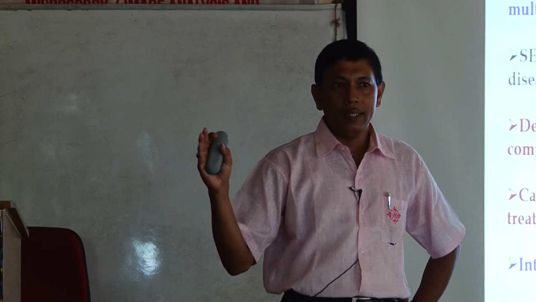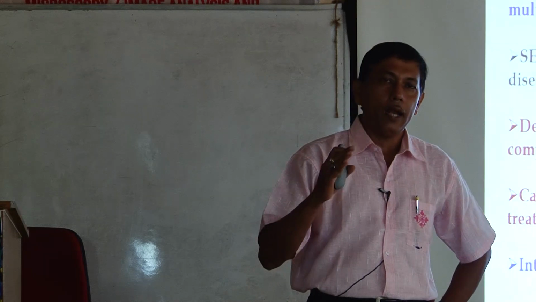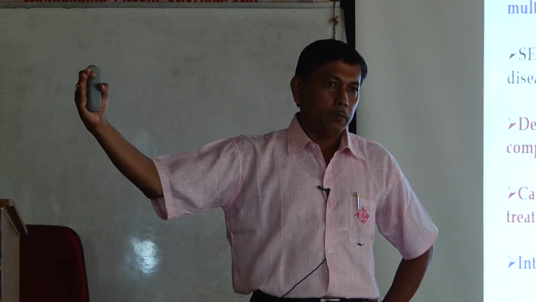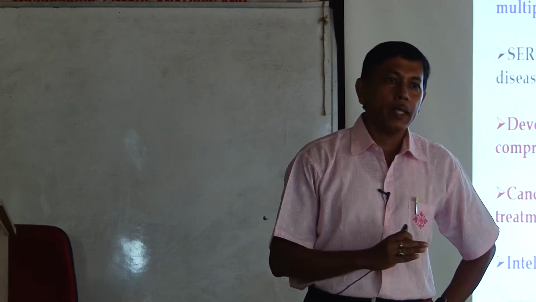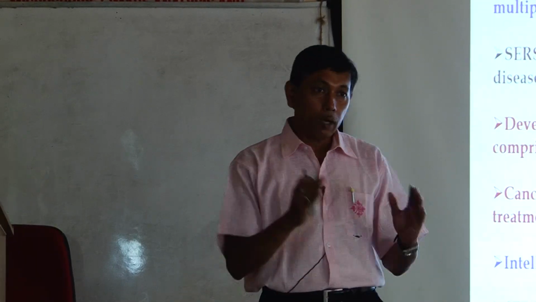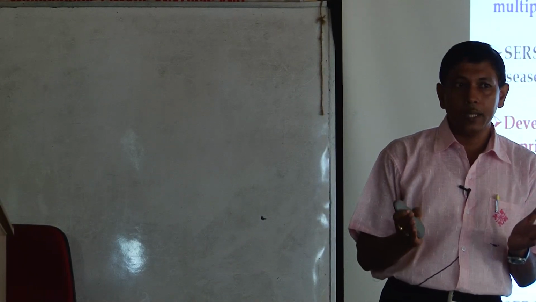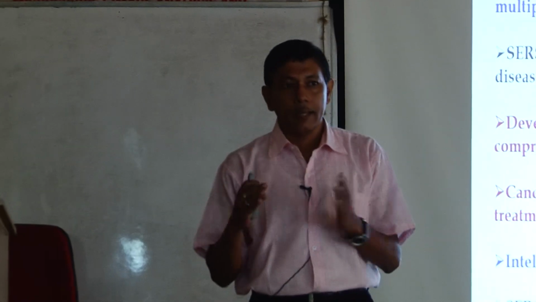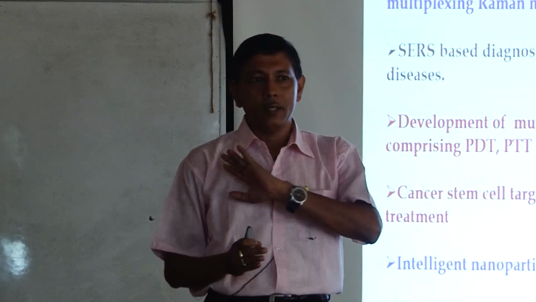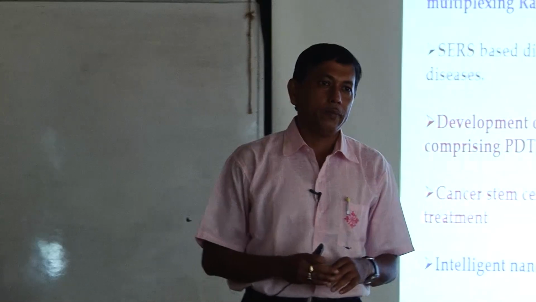If you tune the size to around 20 to 50 nanometer range, you can get maximum enhancement, because the surface area is one of the key factors for getting good enhancement. So, a cluster definitely may not be a good substrate.